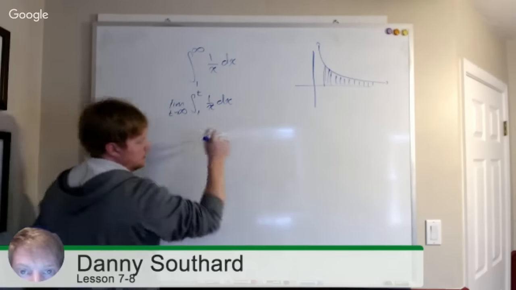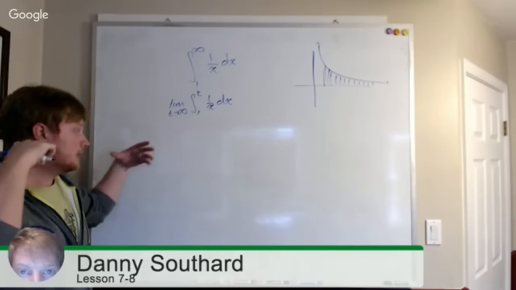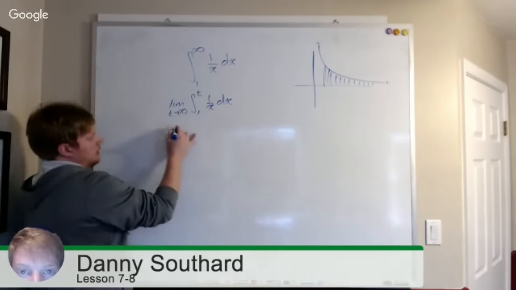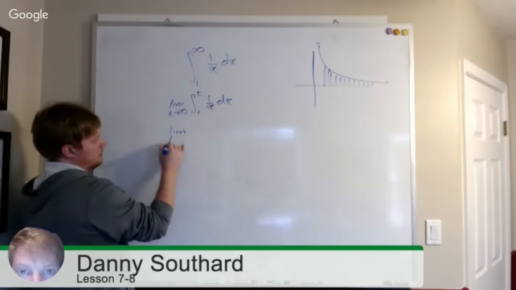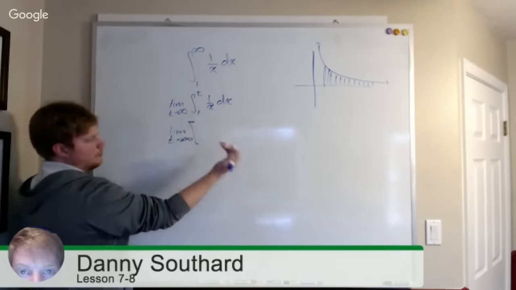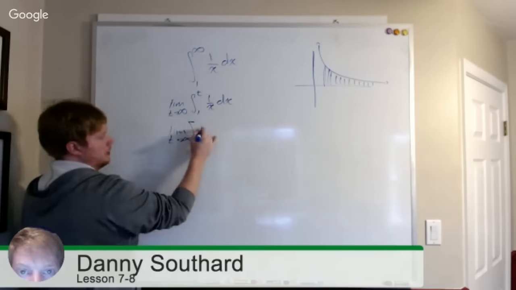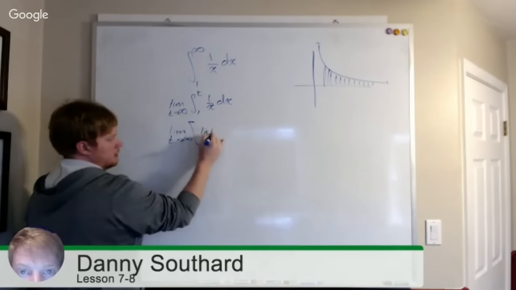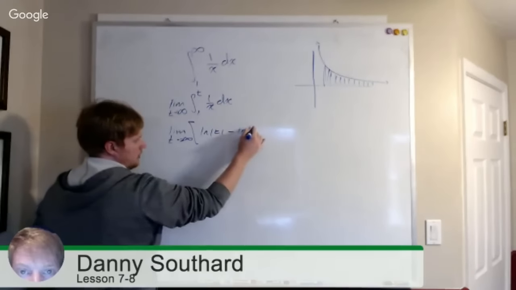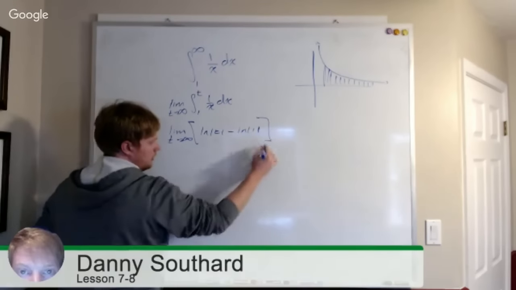Okay, so we'll get some expression with t's in it, and then that expression will evaluate as t goes to infinity. So the integral of 1 over x is natural log of x evaluated from 1 to t, which is the natural log of t minus the natural log of 1. Okay.